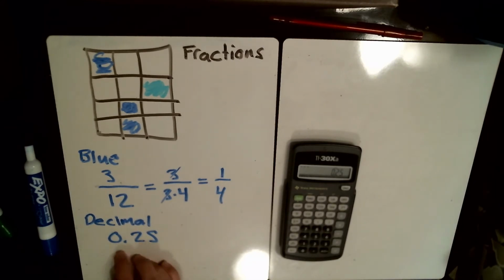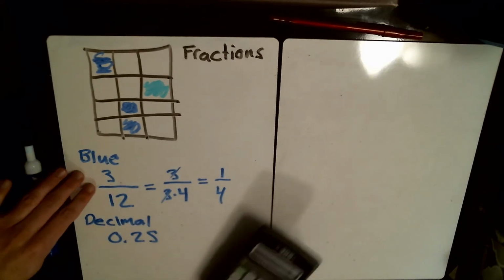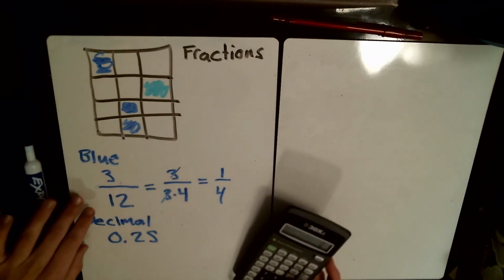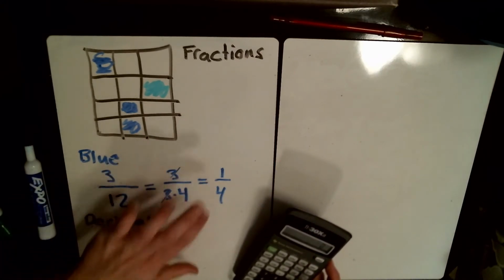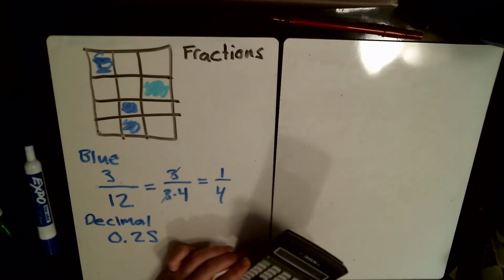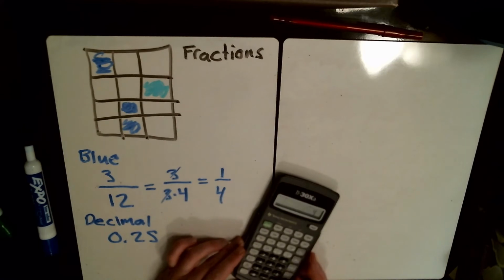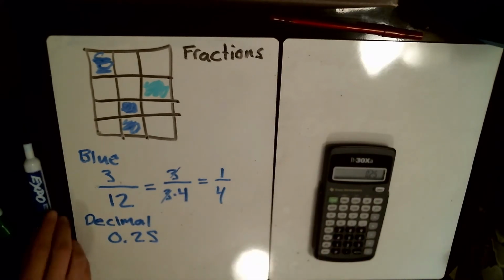Okay, so that's our decimal. You could also do that just using the original fraction. Can't remember if I did 3/12 or 1 over 4 in my calculator, but if I did 1 divided by 4, you get that same decimal. It doesn't matter, they're both equal.